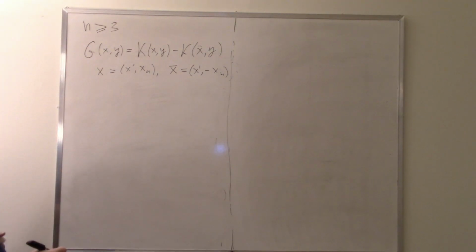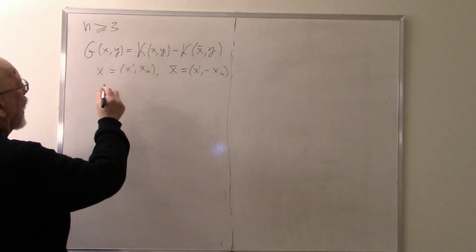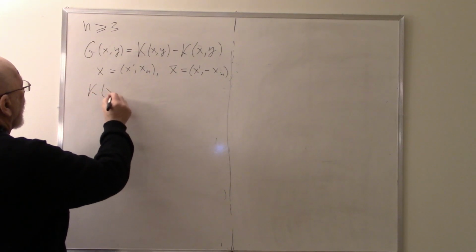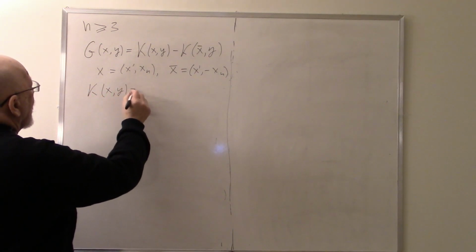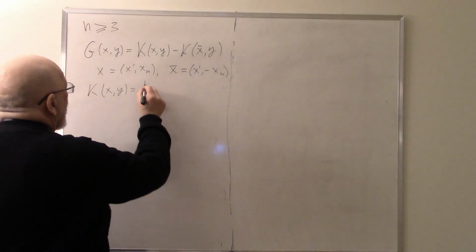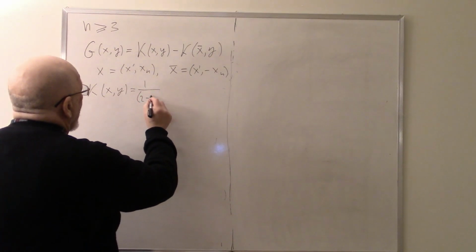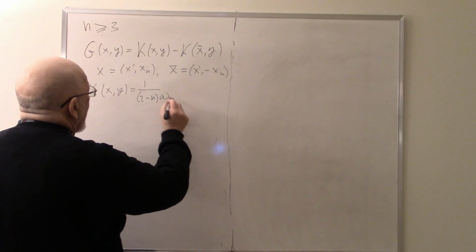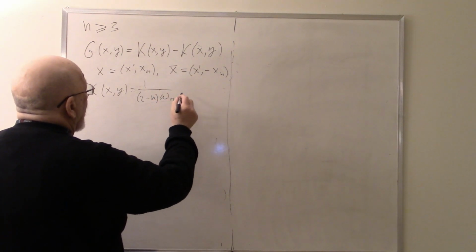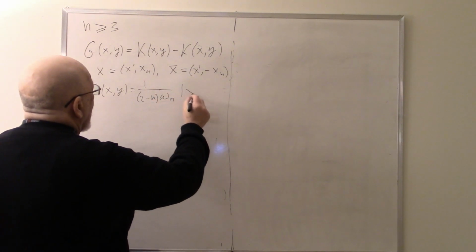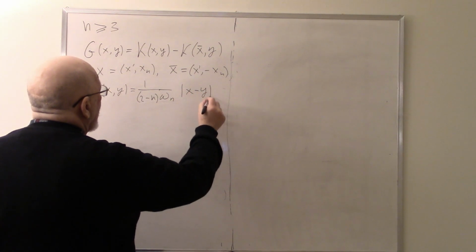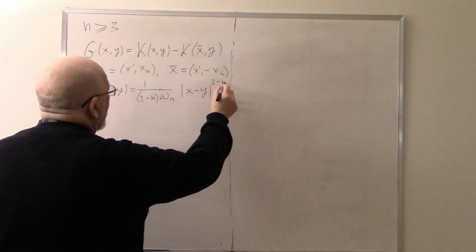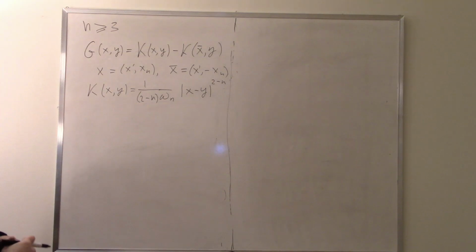Now, k of x, y equals 1 over 2 minus n, omega n, modulus x minus y to the power 2 minus n.